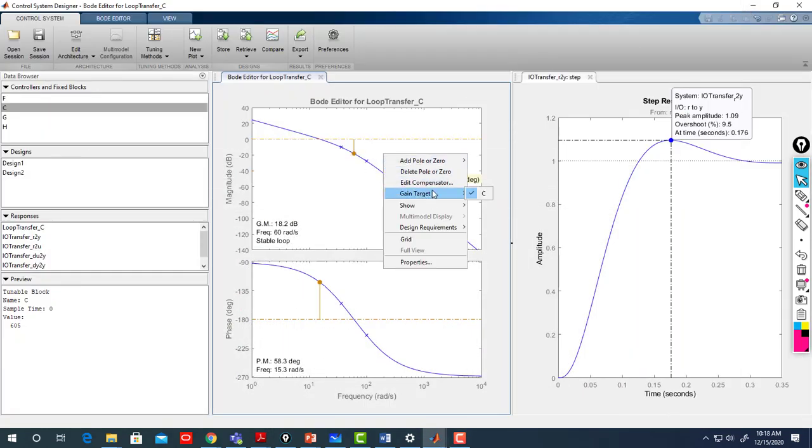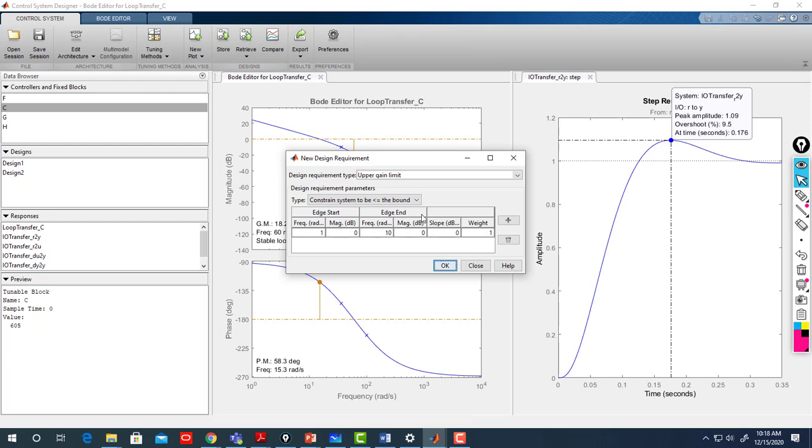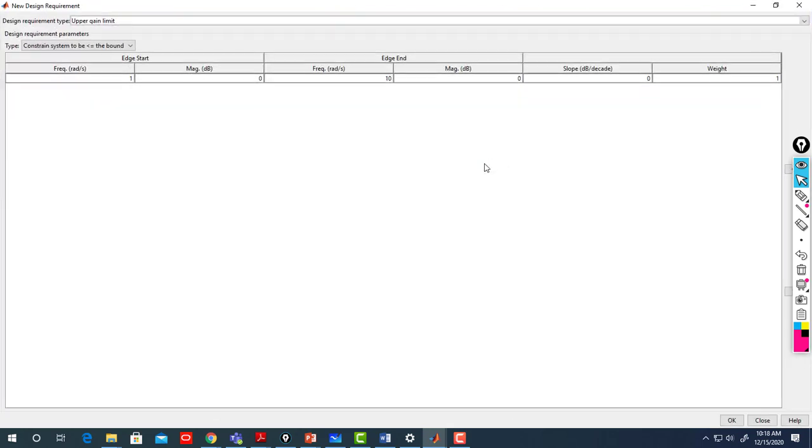Then I can have a new design requirement. Let me put a frequency here of 168, and magnitude of 0, of course, because 0 decibel at this frequency, and the slope of how much? Slope of minus 20 decibel per decade.